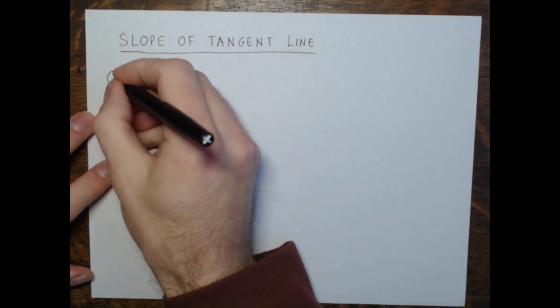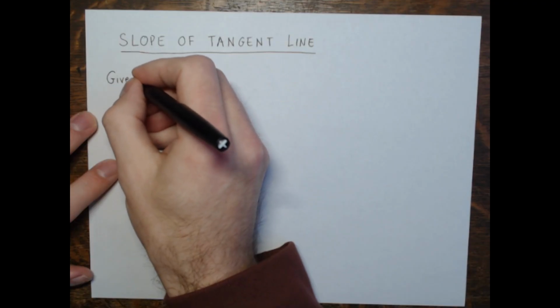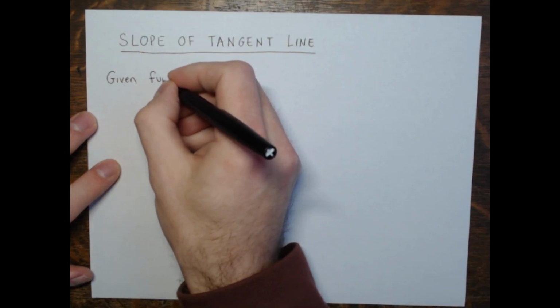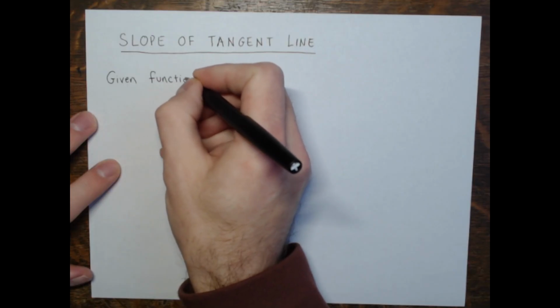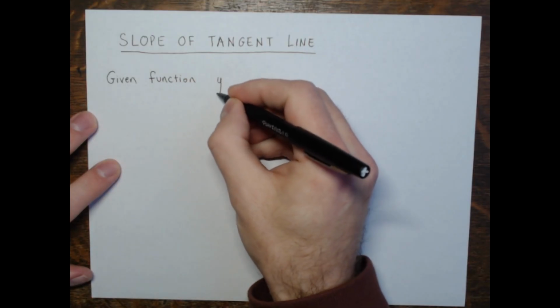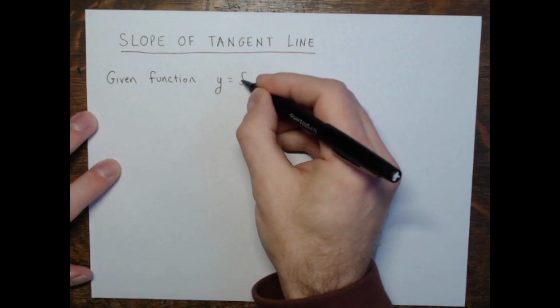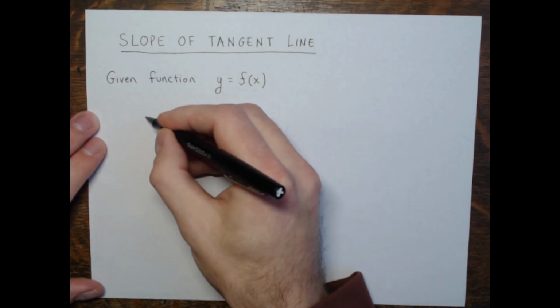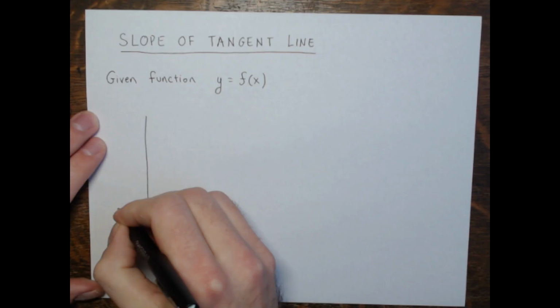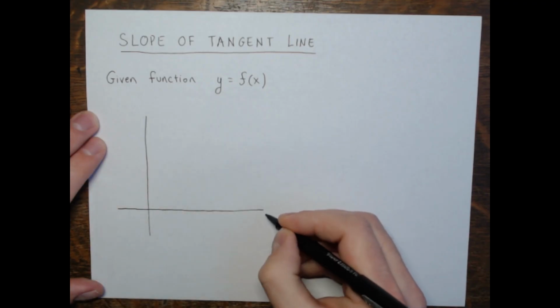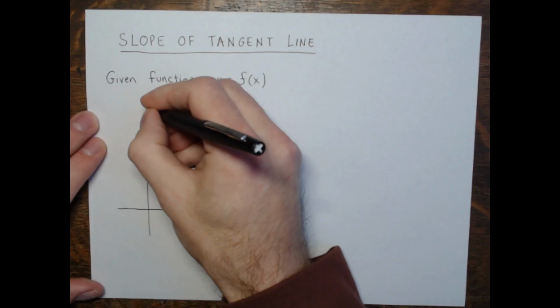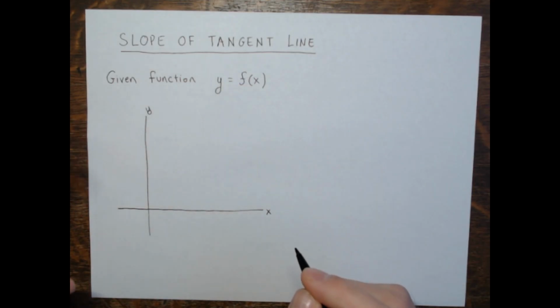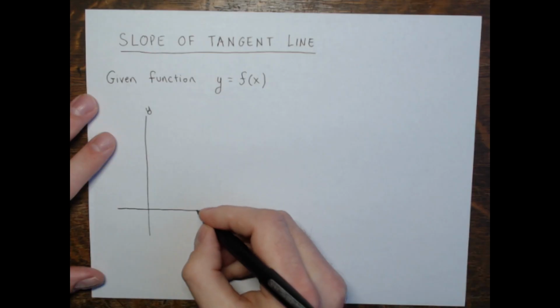So suppose we are given a function y equals f of x. I'll draw a little sketch here of a nice continuous function, something without a bunch of breaks or gaps or jumps in my picture here.